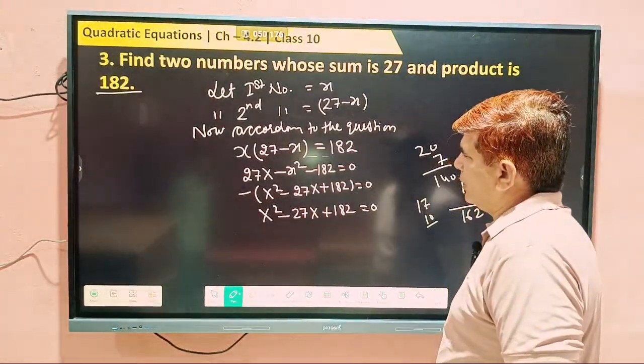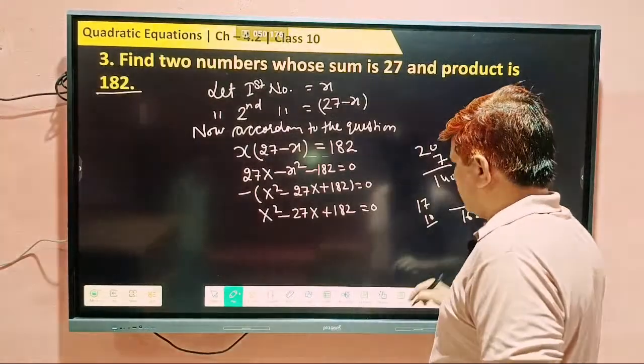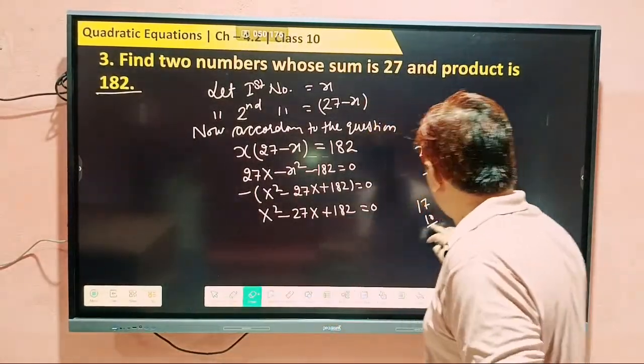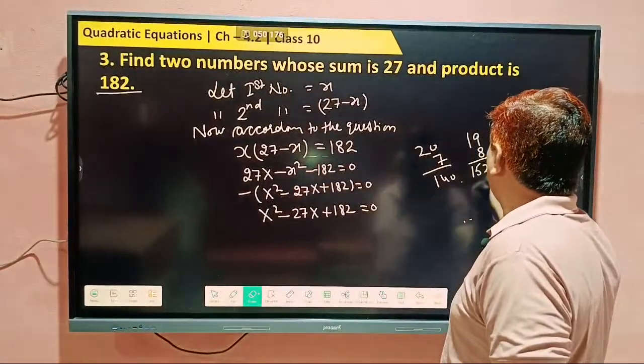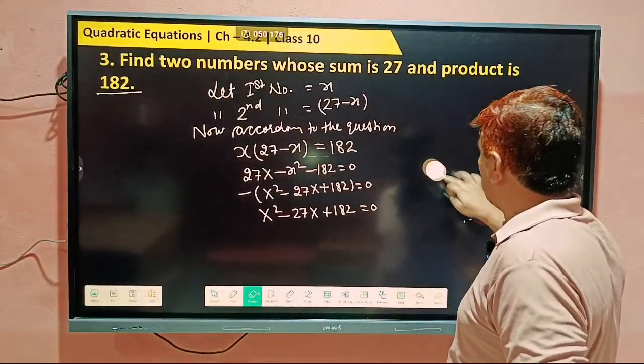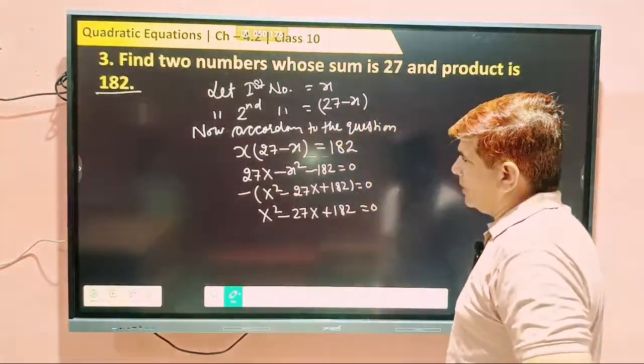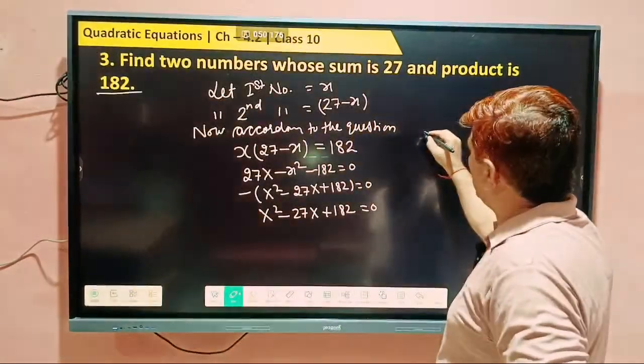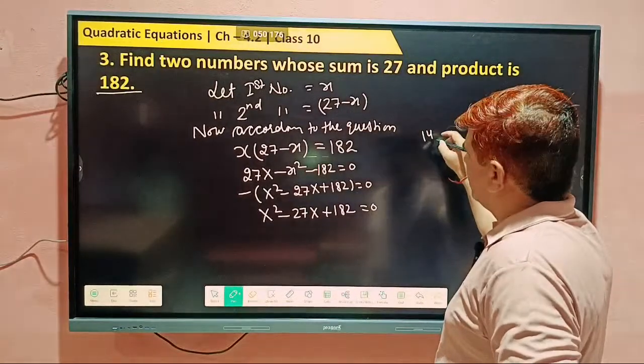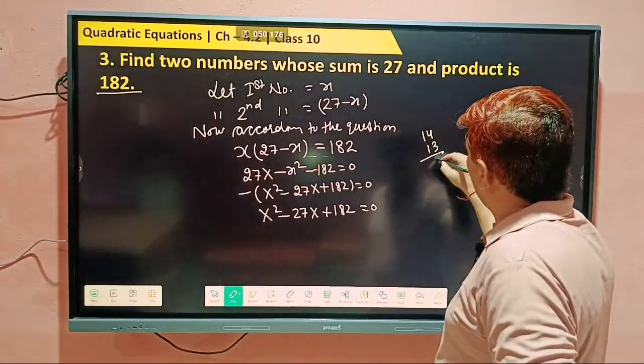So how can you solve it? Find these by using which method? Splitting the middle term. There are so many methods for middle term splitting. We have taken 13, 14 and 13.